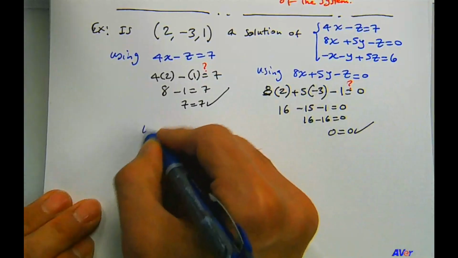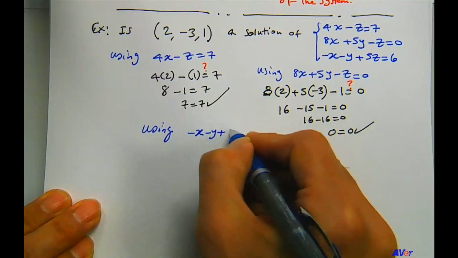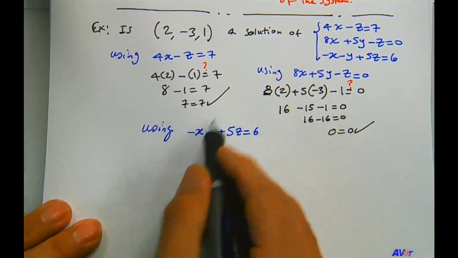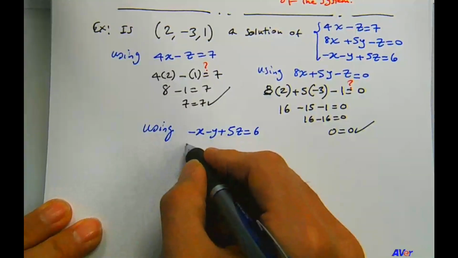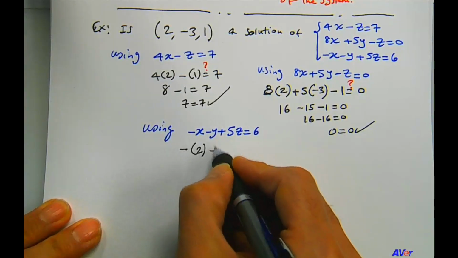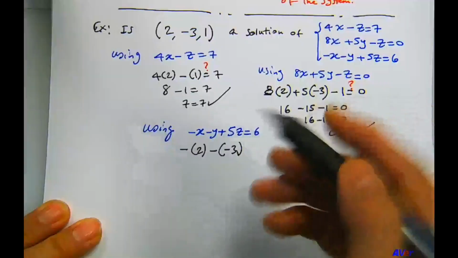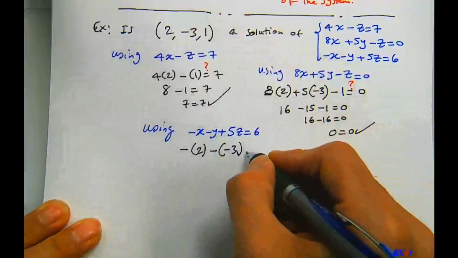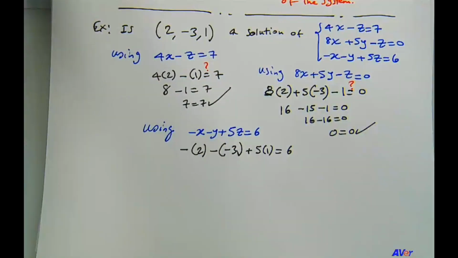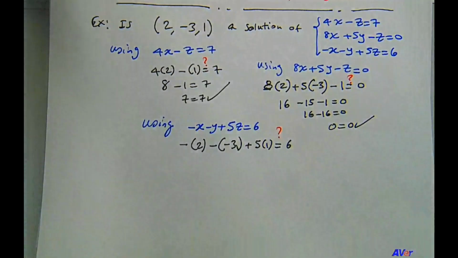So let's do that. Using minus x minus y plus 5z equals 6, and substituting with those coordinates, minus x would be minus 2, minus y would be plus 3, right? We're just plugging in this point here, plus 5 times 1, and we want to know if the left side is equal to the right side.